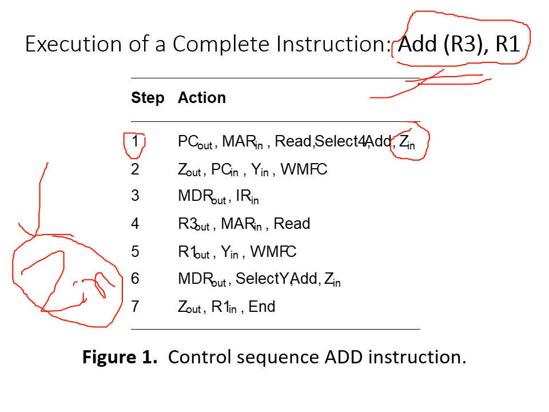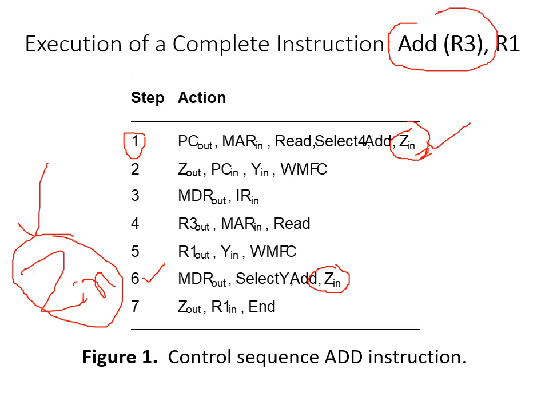Second thing, particularly in the add instruction which I have given here, like every other instruction, in the first clock cycle Zin must be executed. Also, Zin must be executed at the 6th clock cycle for the add instruction I have given.